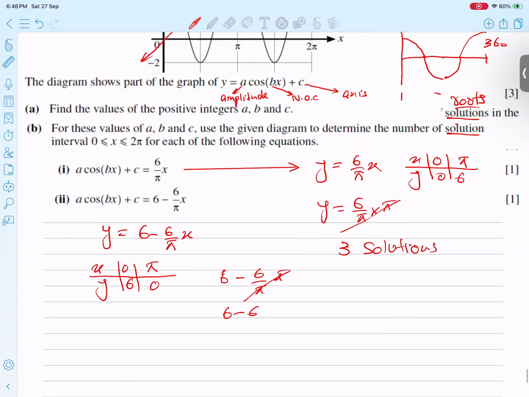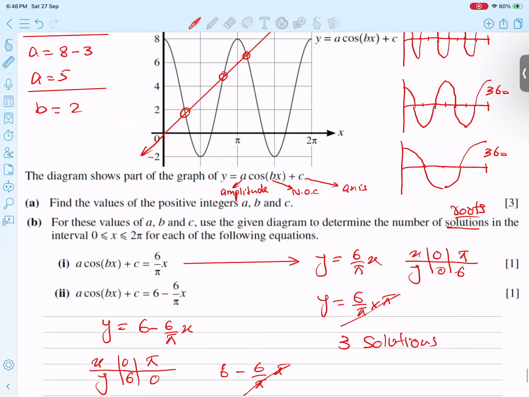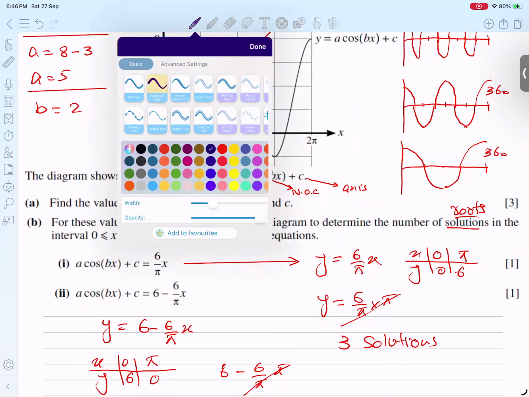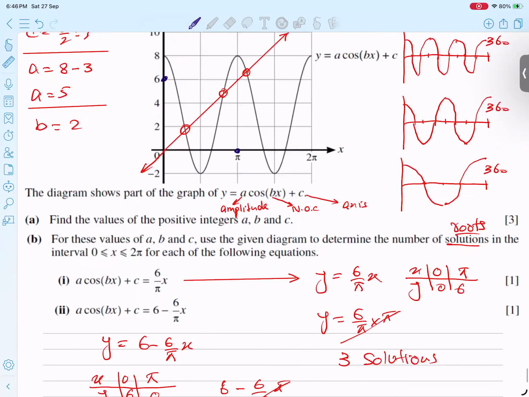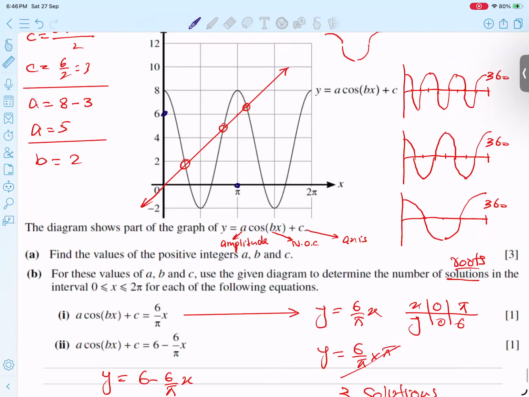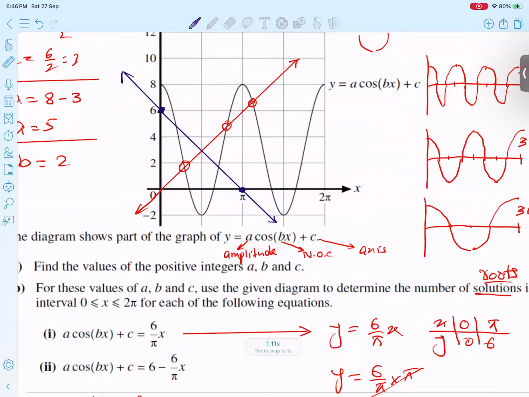So let's try to make this diagram. I change the color of the pen. In blue, x is 0, y is 6, here. So I mark here. Okay, x is pi, y is 0, here. I mark here even. So let's try to make a line. Have a look. If I make a line and extend it this much only, and make an arrow for the backwards extension here, how many times does it cut the curve? Check the curve.